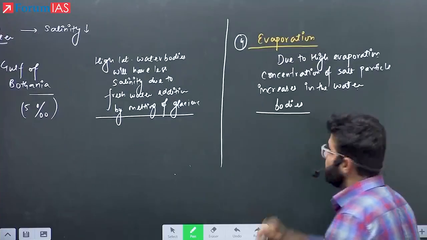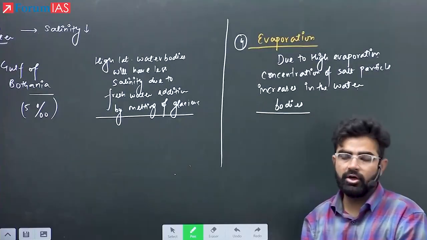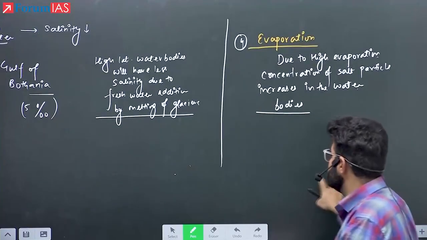So if the rate of evaporation is higher, then the salinity of the water body will increase.